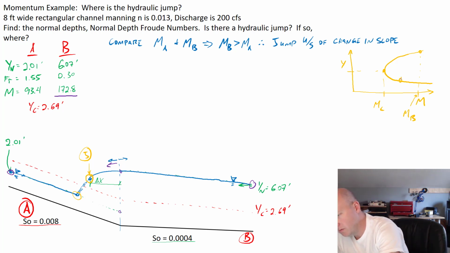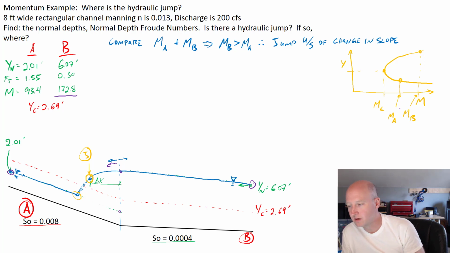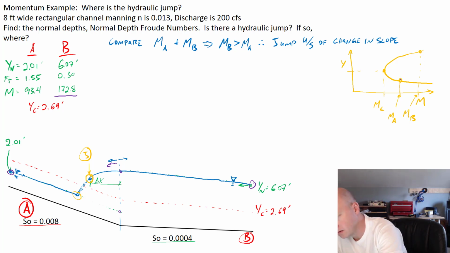Here's the specific force for momentum in the upstream section. That's section A. That's 93, and this is the thing that we're interested in. And that location, that's the depth of the jump.